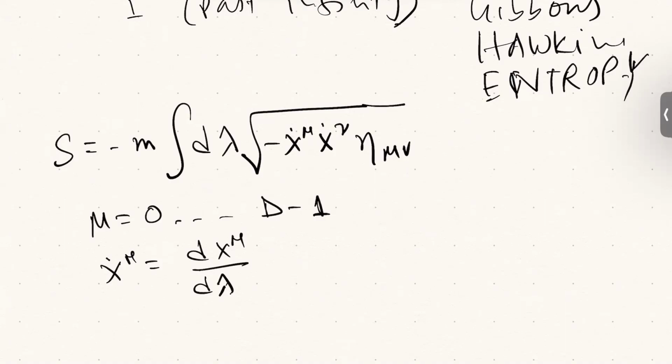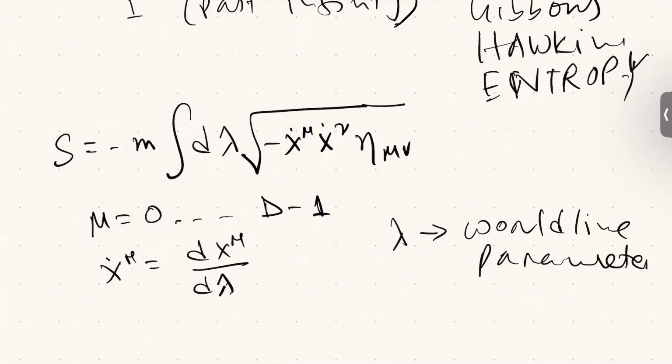So this is the point particle action, right? And this lambda is a one-line parameter, right?